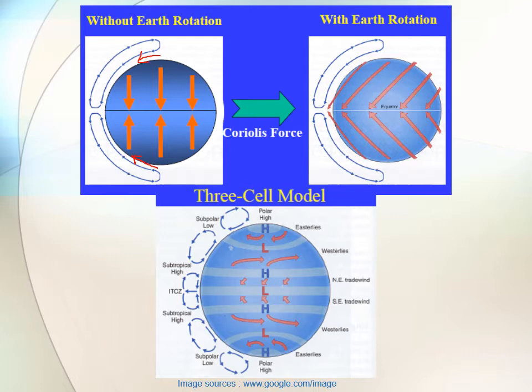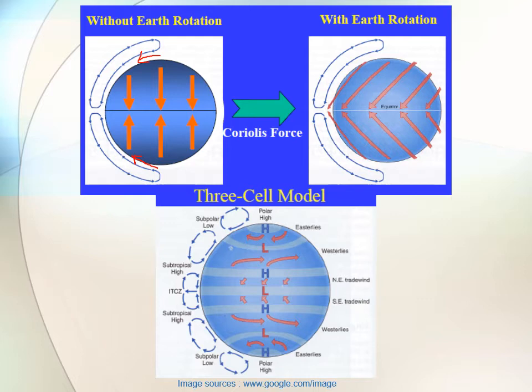Similarly, the air which rises up in the equatorial region, after going up into the atmosphere, gradually cools down because it is now far away from the heat source, that is the terrestrial surface. So gradually this upper air cools down and it moves as the upper layer towards the poles.